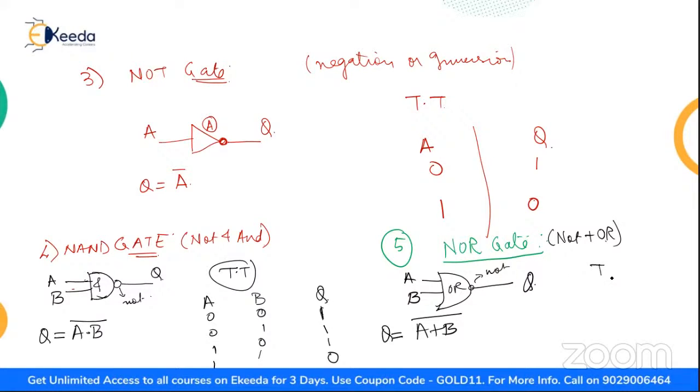Truth table: input A, input B, output Q. 0, 1, 0, 1, 0, 0, 1, 1. 0 plus 0 is 0, over bar is 1. 1 plus 0 is 1, over bar is 0. 0 plus 1 is 1, over bar is 0. 1 plus 1 is 1, over bar is 0. So in this way you can define logic gates.